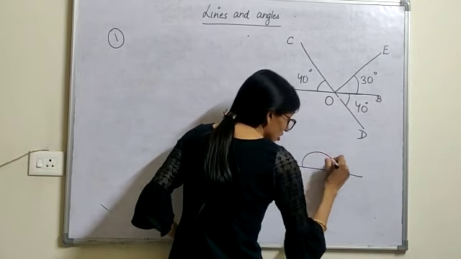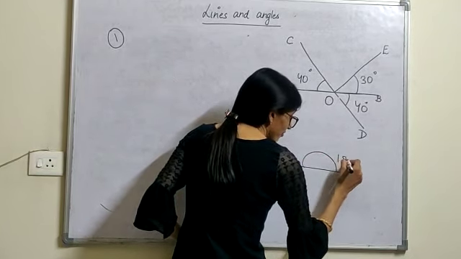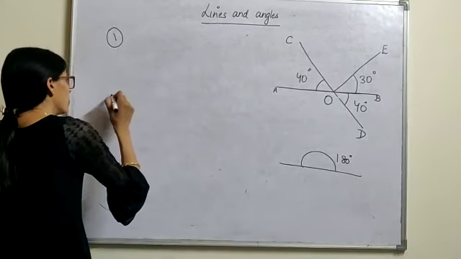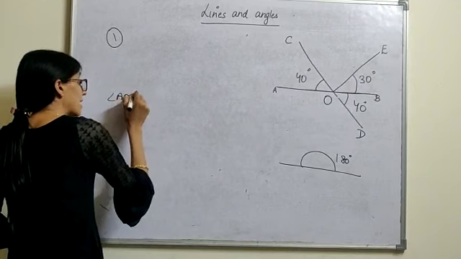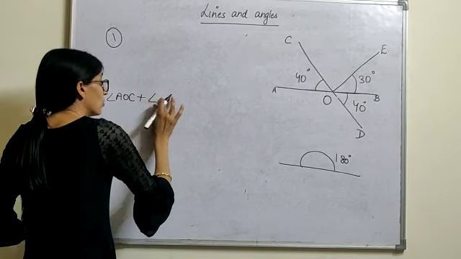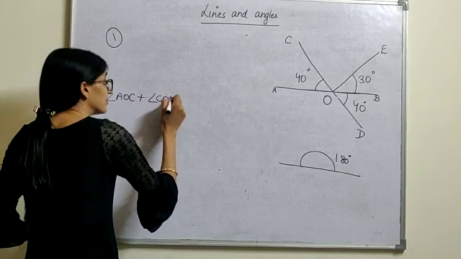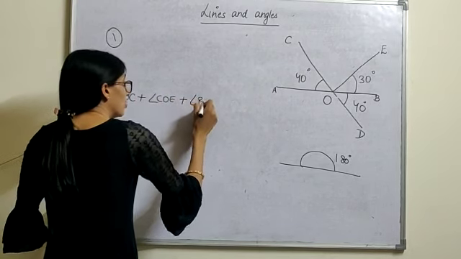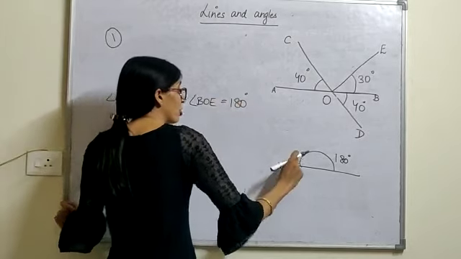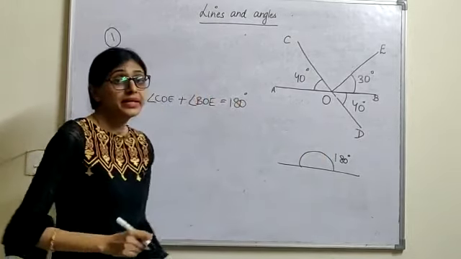Their sum is 180 degrees. So we can write angle AOC plus angle COE plus angle BOE equals 180 degrees. The sum of all the angles will be 180 degrees.